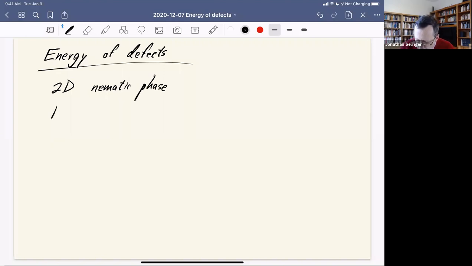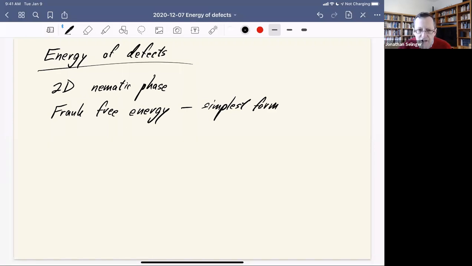And we have the Frank free energy in the simplest form, that is, with the approximation of only one Frank elastic constant, the same Frank elastic constant for any kind of director deformation.